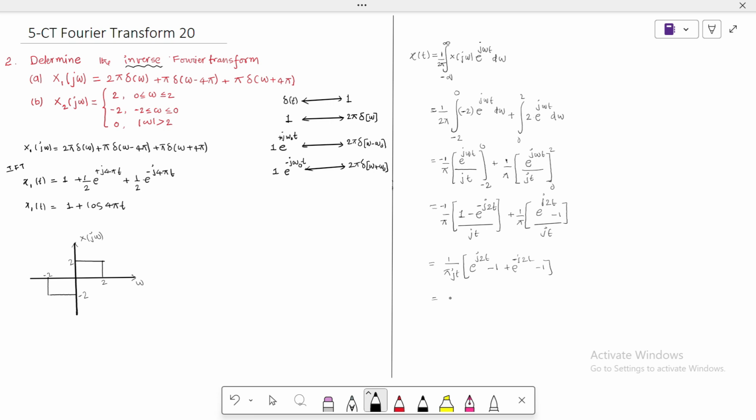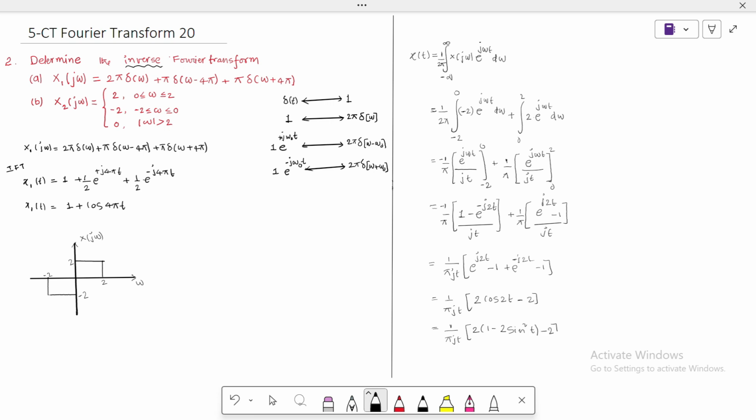Then here I'm writing like this: pi jt, it becomes 2 cos 2t, and minus minus minus 2. Now I'm converting from cos 2 theta to the sine, then 2 into 1 minus 2 sine square t.